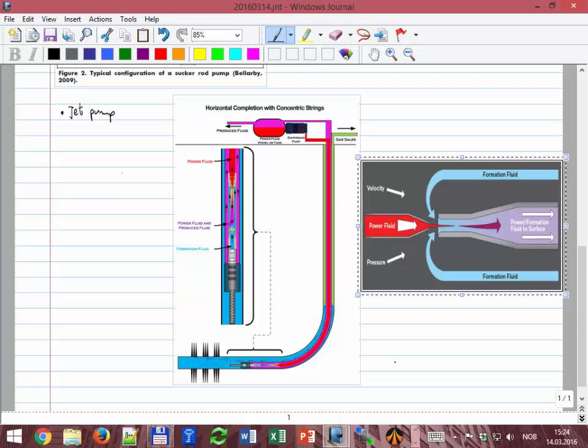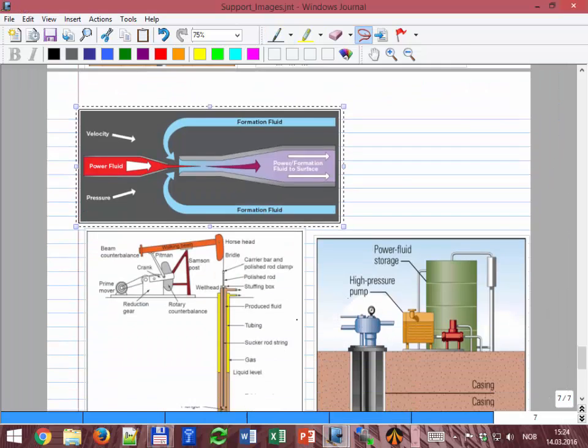Velocity increases, pressure decreases, and as the pressure decreases, this causes a sucking effect. And here you put a connection to the reservoir fluid, and those fluids are mixed, and they go all the way to the surface. And there are different ways to install it. Here I found a picture of a horizontal completion, but it's actually installed in the vertical part of the well.